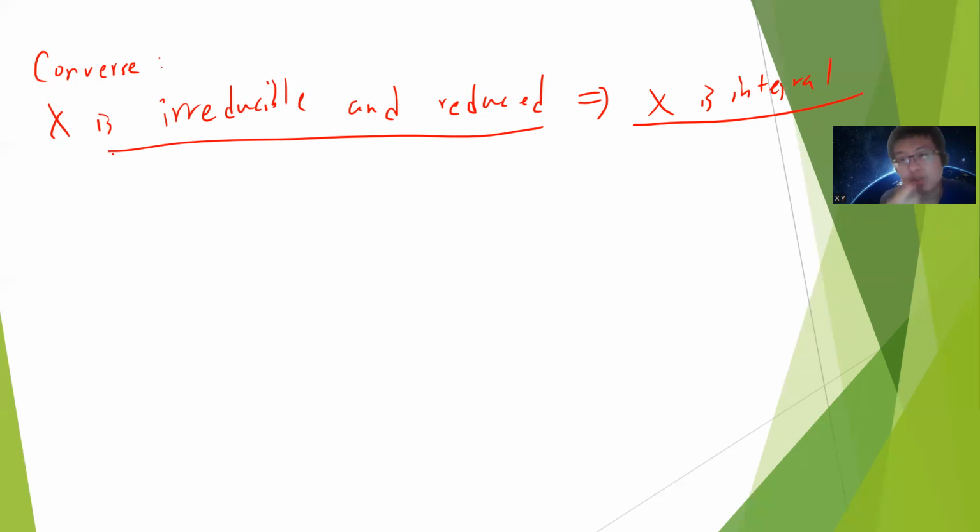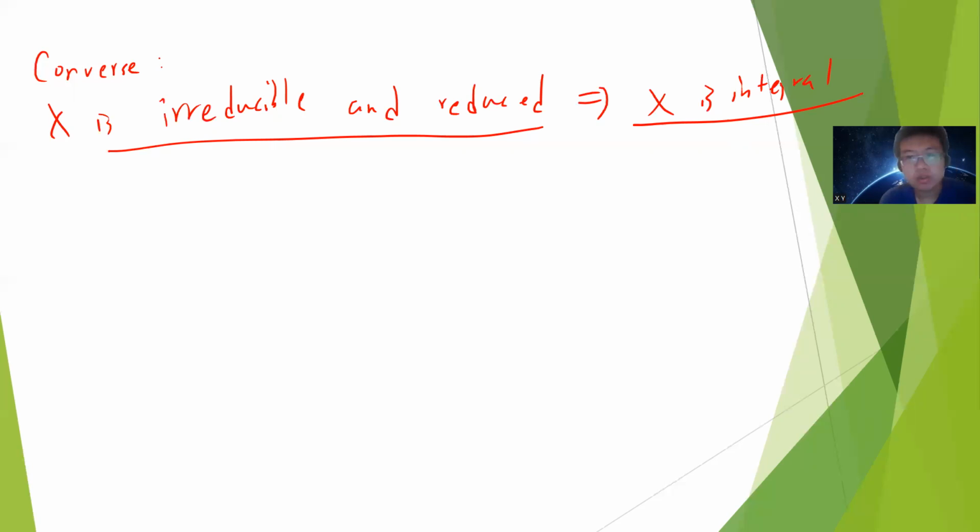This proof is a little bit tricky, because in algebraic geometry this kind of proof usually needs to glue the local property into the global one. So you need some technique to help you.